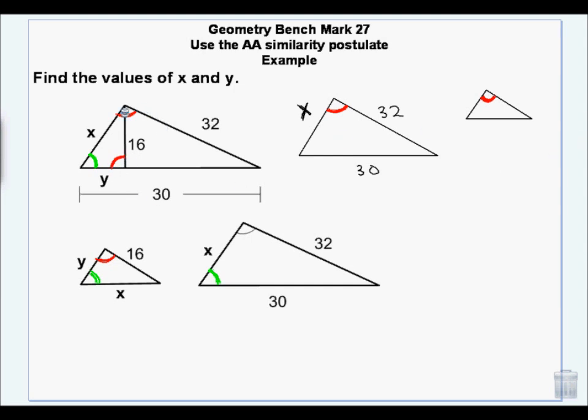If we look at the original picture they gave us, you see that this top corner here is marked congruent and this bottom one down here. So these two are congruent angles, because they're the only angles that are marked. Okay. So I start with that.